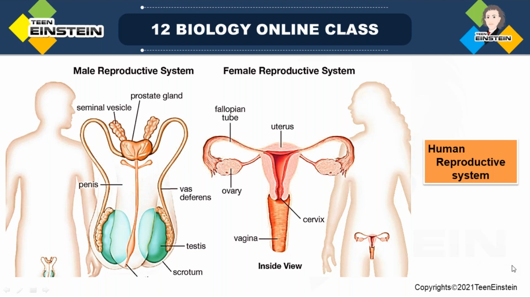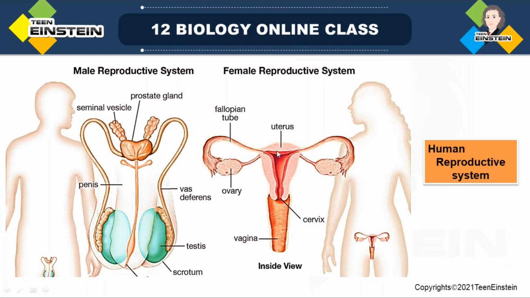Next, here you can see the female reproductive system. Okay. And this female reproductive system is having a pair of ovaries. You know the ovaries. A pair of ovaries. Then a pair of oviducts. Here, oviduct you can see. Ovary. Then which is next?